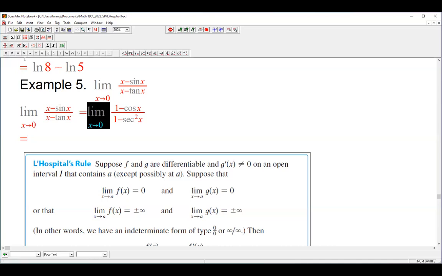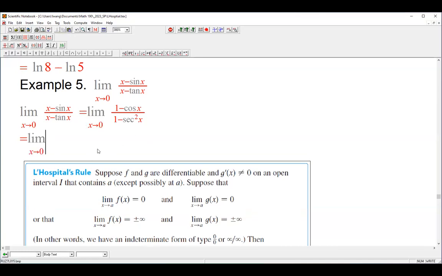When we use the L'Hopital rule one more time, on the second time, of course, we check the condition, and we take the derivative of the top, that's going to give us sine x. Right, the derivative of 1 is 0, the derivative of negative cosine x is sine x. Then the derivative of negative secant square, we're gonna use the chain rule.